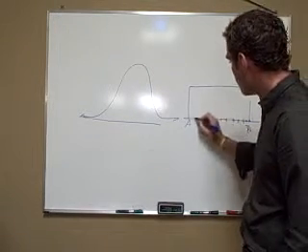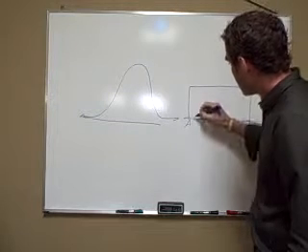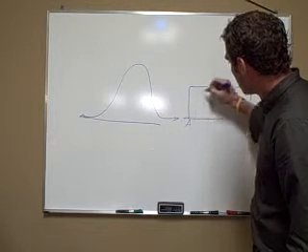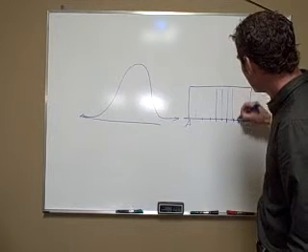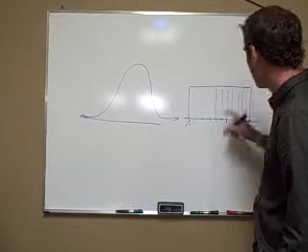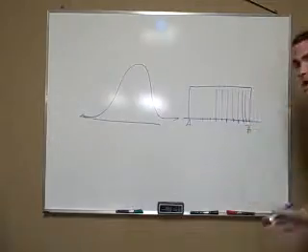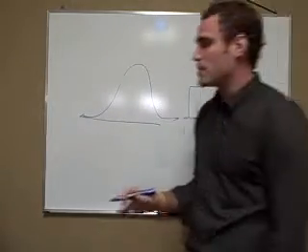So each month there were the same number of babies born each month. Okay? So this models that situation.